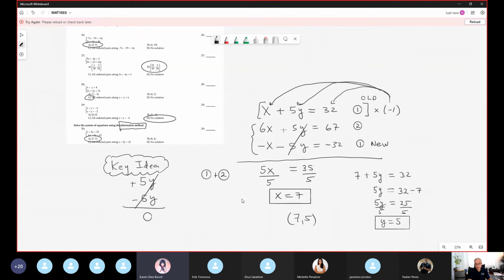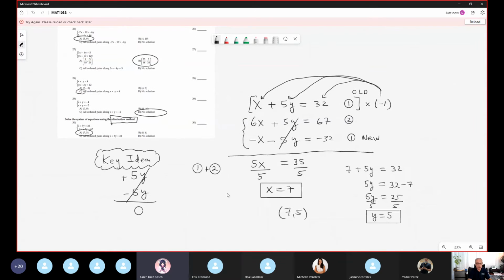In my opinion, fantastic. My recommendation is that when you solve a system, for the majority of problems you use elimination. If at least in one equation the coefficient is 1 or negative 1, you can apply substitution. In the test, you are free to select the way that you consider.